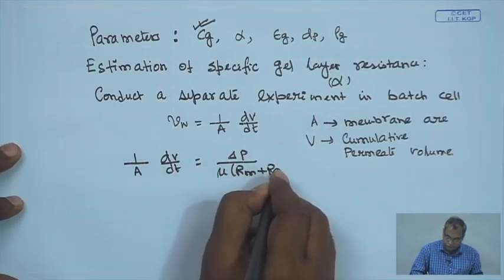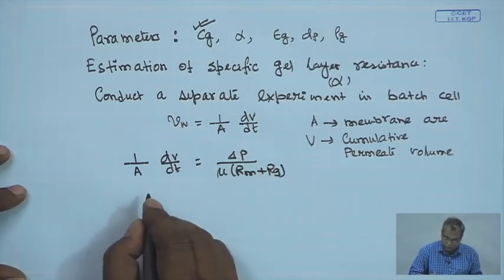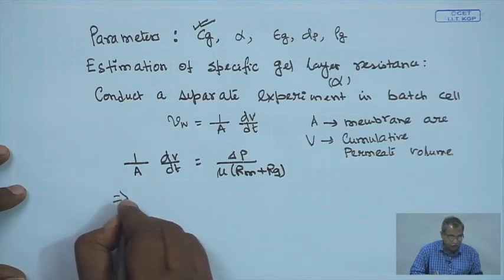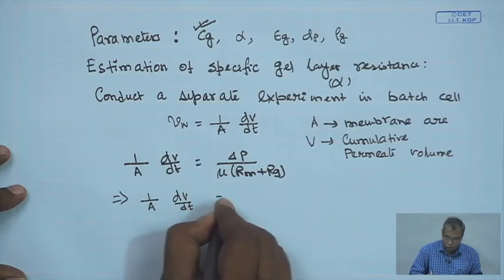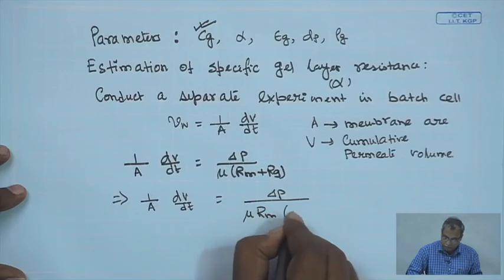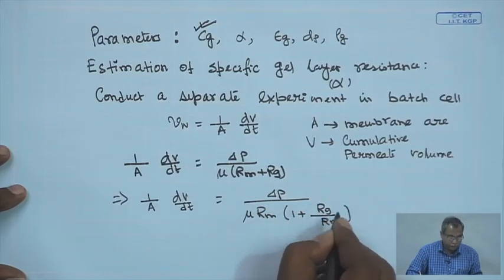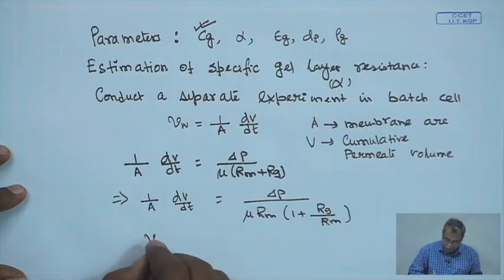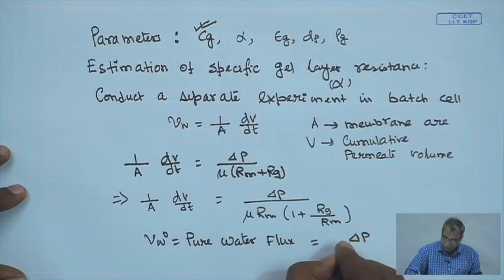This is also known as the series model, so two resistances are acting in series. So, 1 by A dV/dt is equal to delta P by mu, and I take R m outside. So, this becomes non-dimensional R g, and what is V w naught? It is the pure water flux, that is nothing but delta P by mu R m.